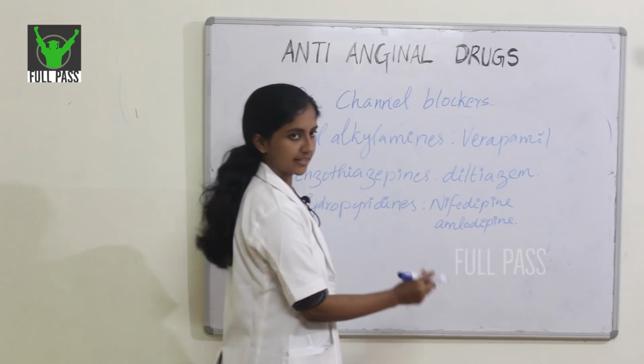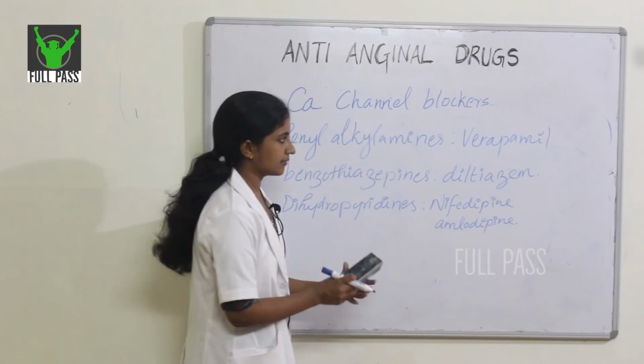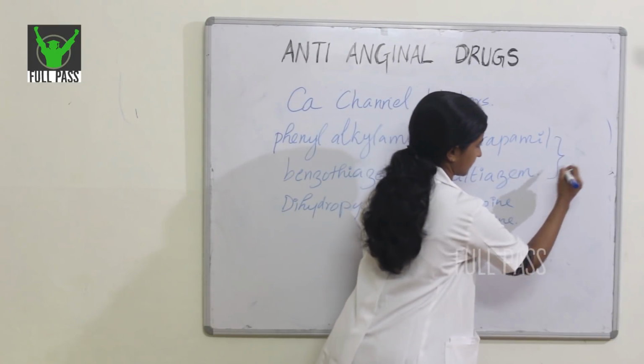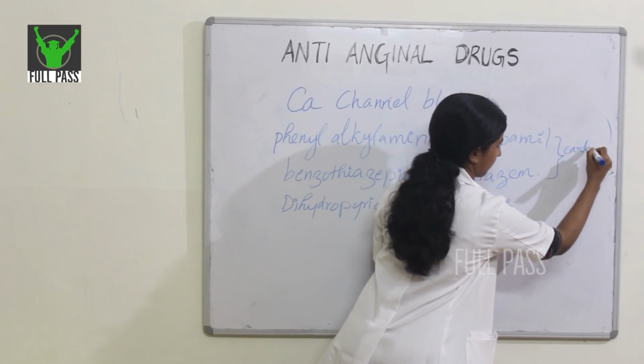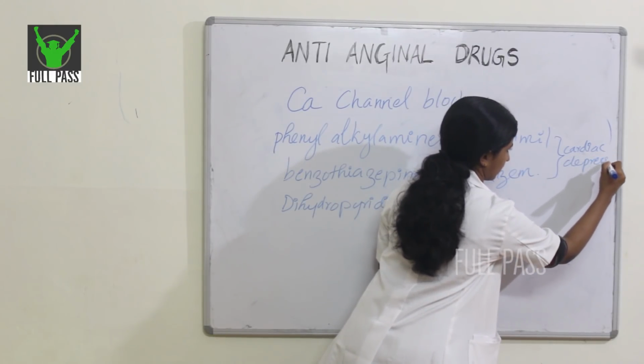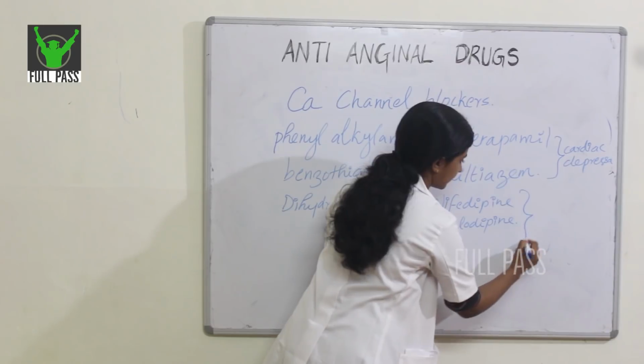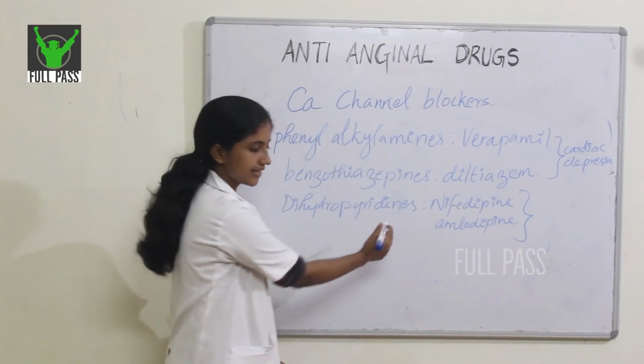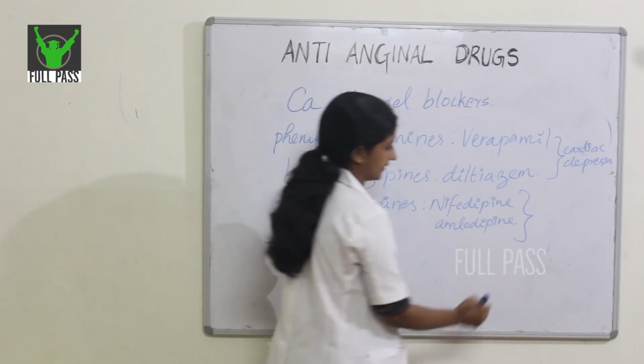So the first two drugs, that is verapamil and diltiazem, are mainly cardiac depressants. And the dihydropyridines are mainly vasodilators.